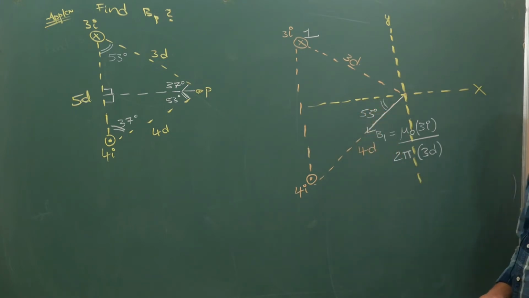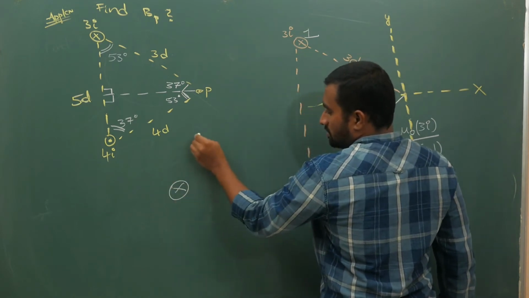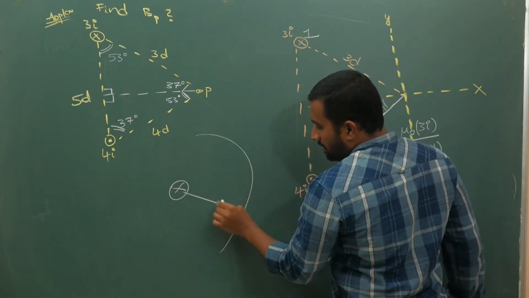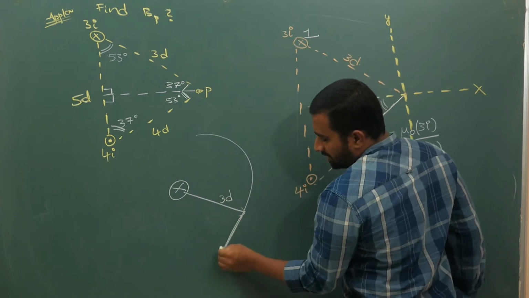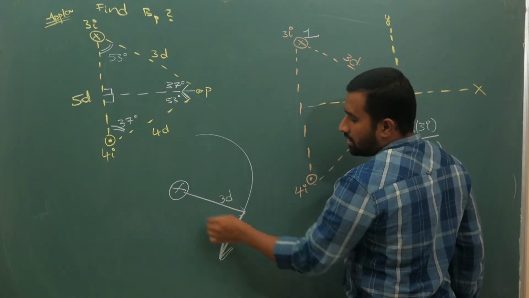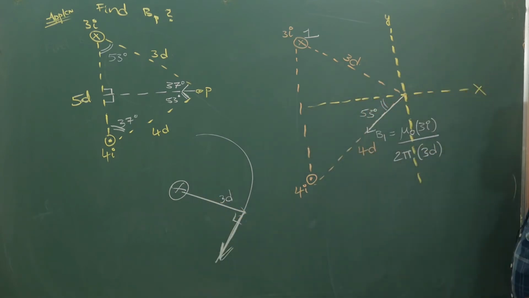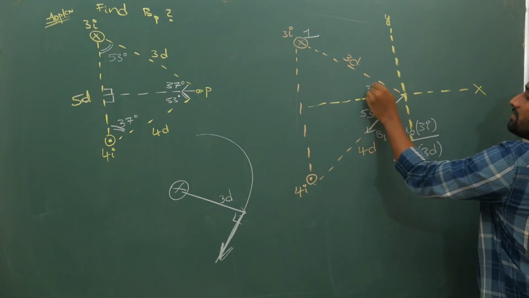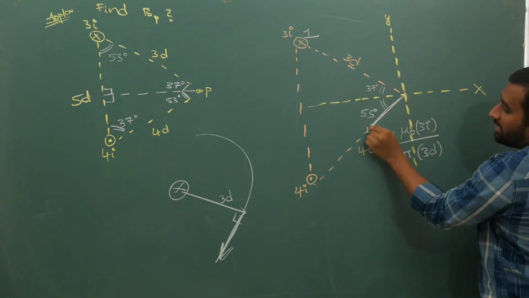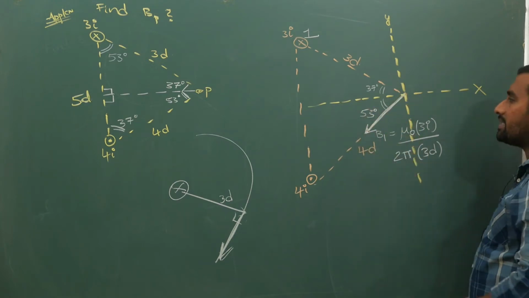As I have told you, if you have a wire like this, around this wire your magnetic field at this point is tangential to the field line. So here it will be tangential and it will form 90 degrees. If it is forming 90 degrees, obviously we have 37 degrees here. So your magnetic field because of the top wire will be like this, forming an angle of 53 degrees.